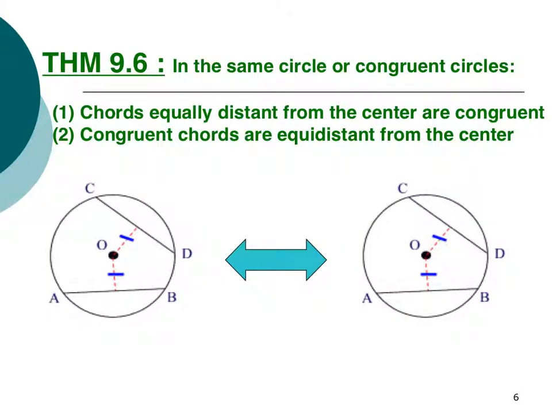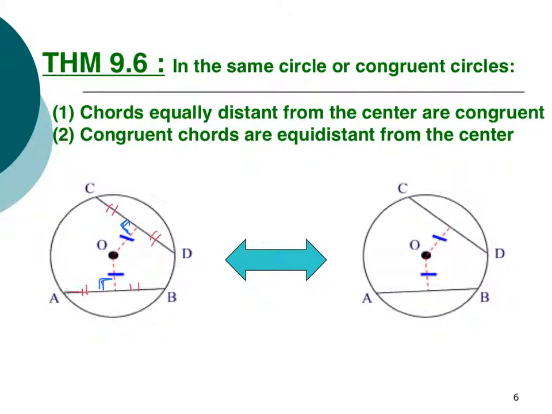Now we have that property that I was just talking about. You have 2 chords that are equidistant, and again, remember we always measure distance along a perpendicular, so that means it is like this. That means we also have 2 chords that are congruent, and because it's along a perpendicular, these segments are also bisected.